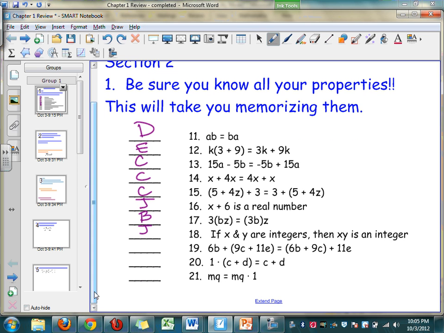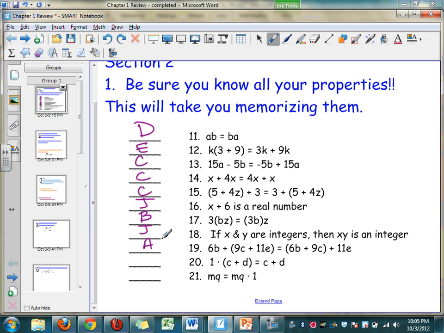19, 6b plus 9c plus 11e, 6b plus 9c plus 11e. Did the order stay the same or change? It stayed the same, so therefore this is going to be the associative property of addition. Number 20, 1 times (c plus d) is equal to c plus d.